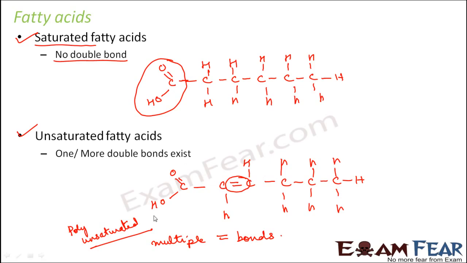This carboxyl end is the acidic end, which is hydrophilic in nature, whereas the other end forms the hydrophobic end. These fatty acids can combine with other molecules to form substances, the way we saw in case of the complex lipids, the compound lipids rather: the phospholipids, the lipoproteins, the lipopolysaccharides. They are all formed by combination of these fatty acids with other molecules like proteins or polysaccharides or phosphates.